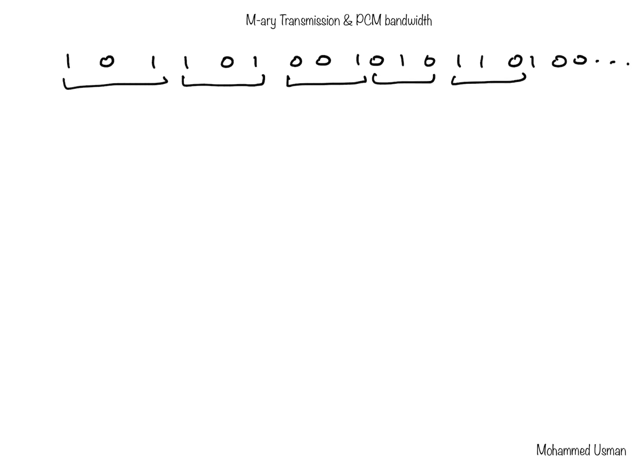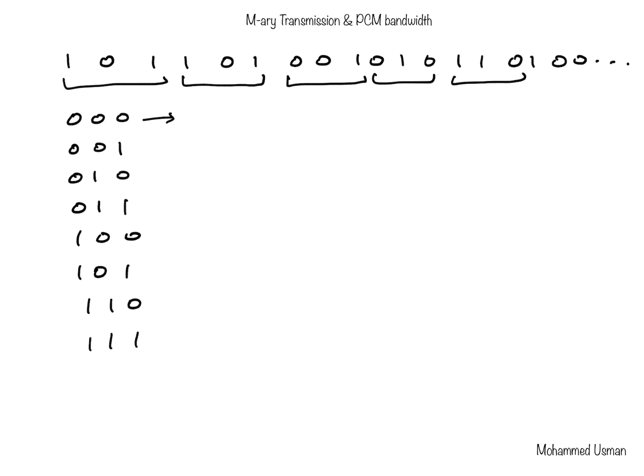So with 3-bit combinations, we have 8 possible combinations that will go from 000, 001, 010, 011, 100, 101, 110, and 111. So that's 1 2 3 4 5 6 7 8. So we have 8 possible combinations, and we'll call these symbol 1, symbol 2, and so on up to symbol number 8.